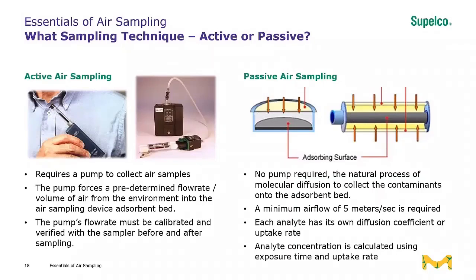They give you the best results when choosing a passive sampling device. And the manufacturers of those devices, when they publish their sampling rates, will have it listed whether it was experimental or calculated. And for passive sampling devices, whether axial or radial, a minimum airflow of 5 meters per second is required.